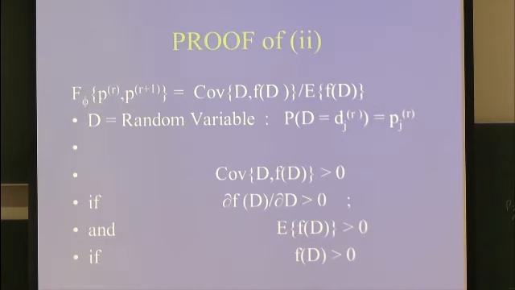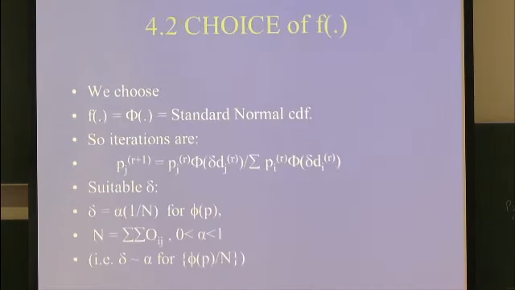Here's the proof of the result that we have a positive directional derivative from p^r to p^(r+1). Choice for our iterations: take F to be the standard normal CDF. So there's the iterations, and a suitable choice of delta. Well, first of all, it makes sense to scale our observed frequencies to relative frequencies, so divide by 1 over n, the total count.